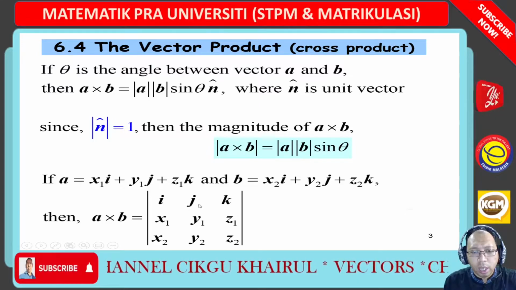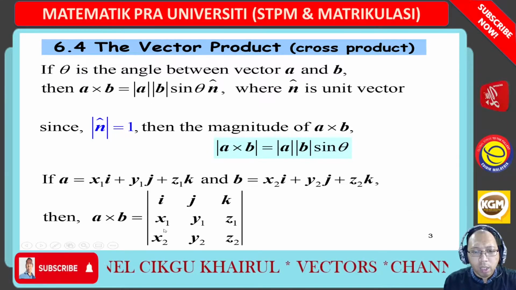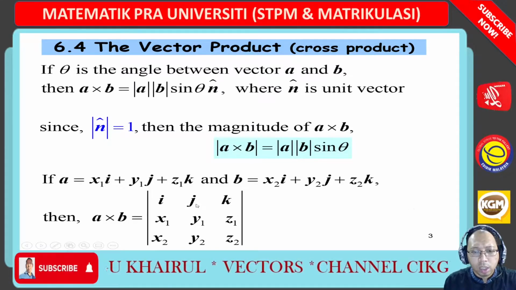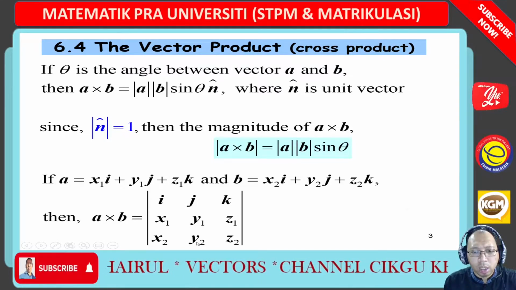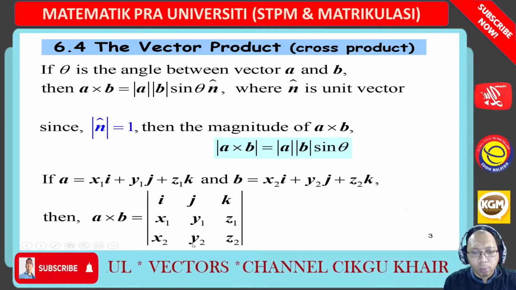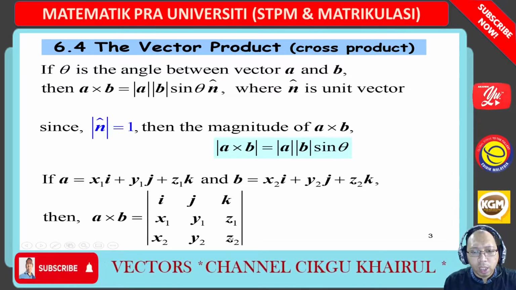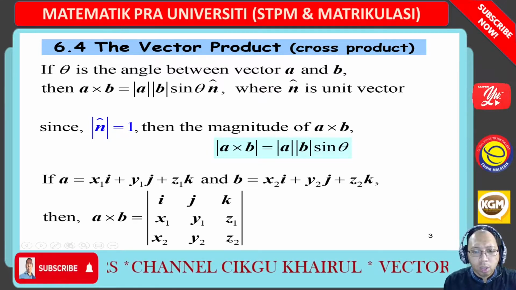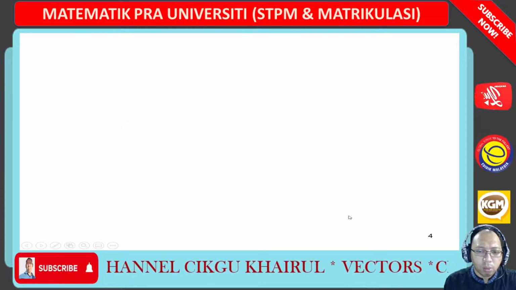So this one i, j, k. So i refers to the coefficient of i, so x1 and x2. The column j is the coefficient of component j, and column k or third column represents the coefficient of component k.